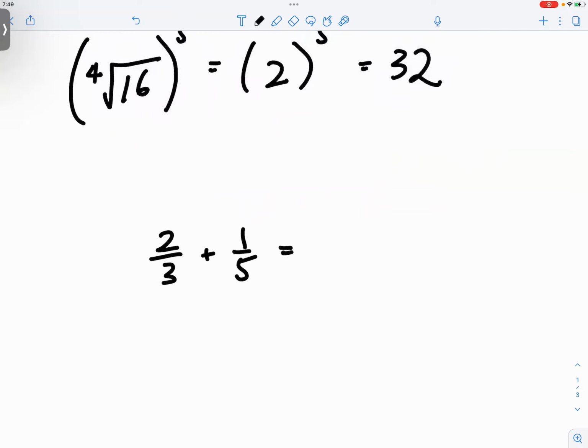Okay. Does it hurt your eyes? I hope it does. What's wrong? Common denominator, right? Okay.